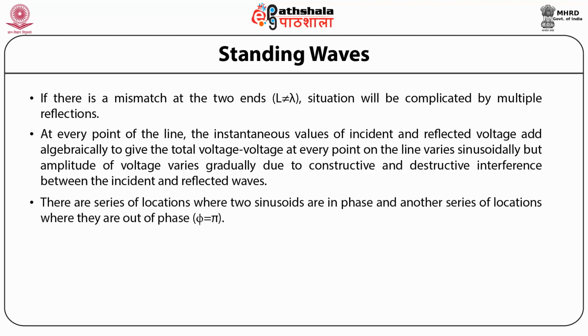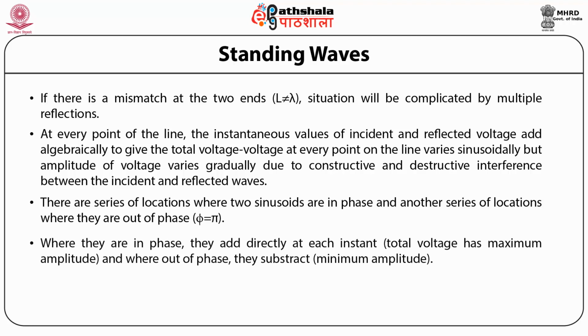So there are a series of locations where the two sinusoids are in phase and another series of locations where they are out of phase, phi equal to pi. Where they are in phase, they add directly at each instant, that is, the total voltage has maximum amplitude, and where they are out of phase, they subtract.